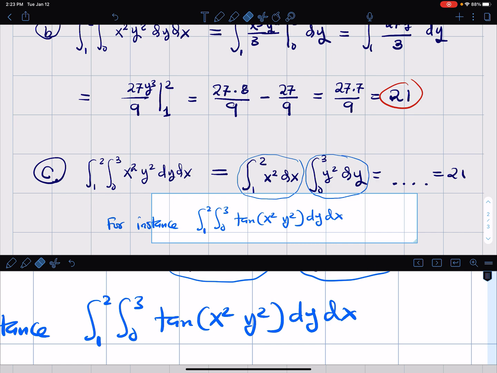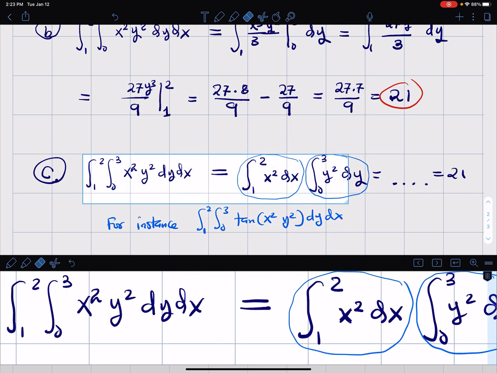In general, you don't. You only break it up when you can separate the x and the y, because this is just the product of two variables, so you can easily separate them. So if you have all the x terms in one function and you have all the y terms in one function and they multiply each other, then you can break them up like this.